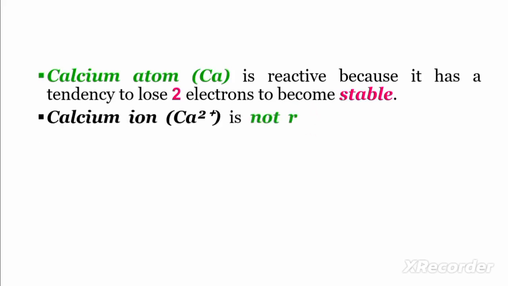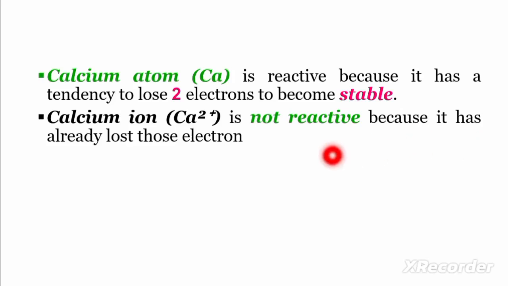Okay, on the other hand, calcium ion is not reactive because it has already lost 2 electrons. So therefore this one is stable. So calcium ion is stable, is not reactive. So the one that is reactive is calcium in neutral state.